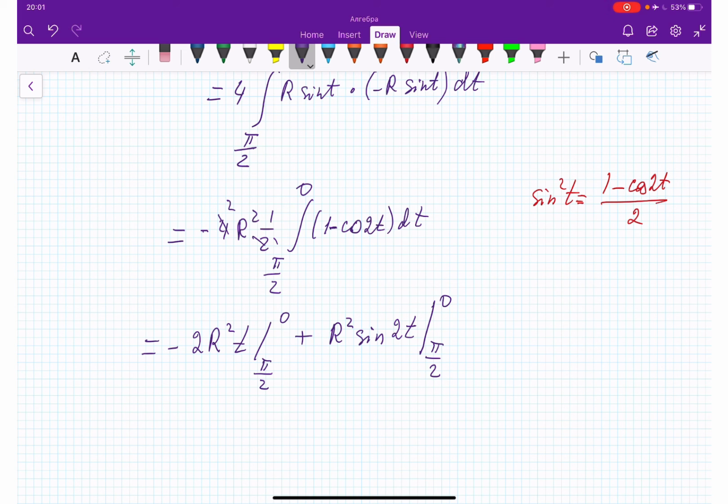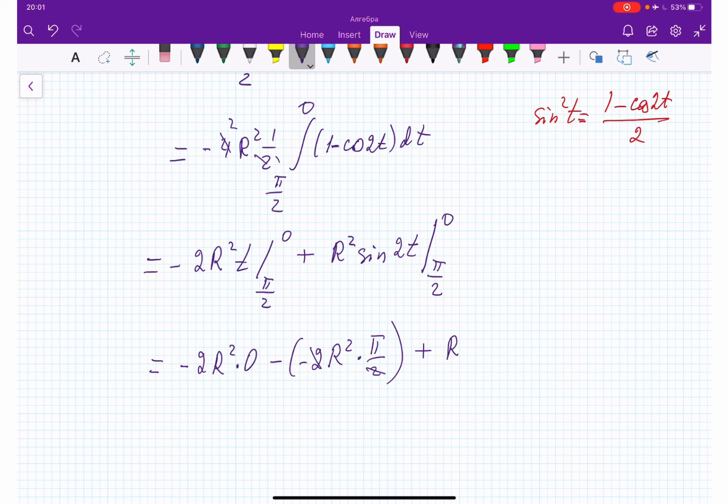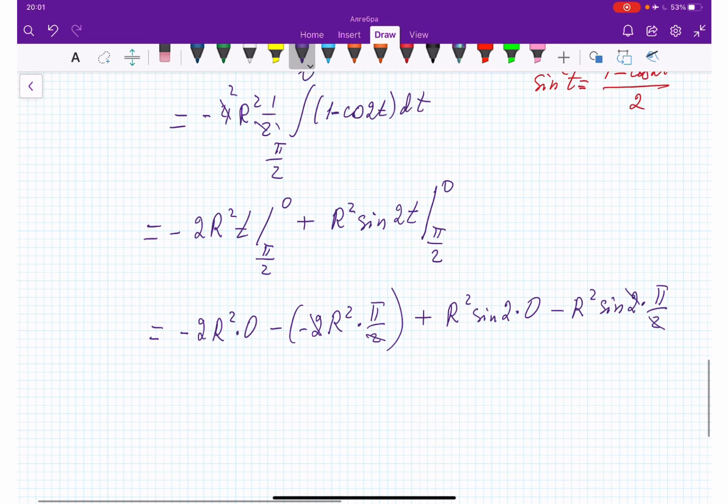For the first term, it's negative 2r squared times 0, which is gone, and minus negative 2r squared times pi over 2. The 2 and 2 are gone, and then plus r squared sine 2 times 0 and minus r squared sine 2 times pi over 2.